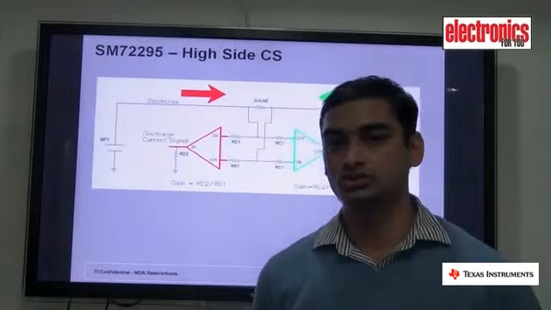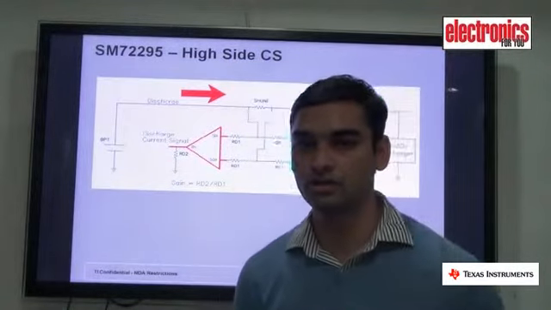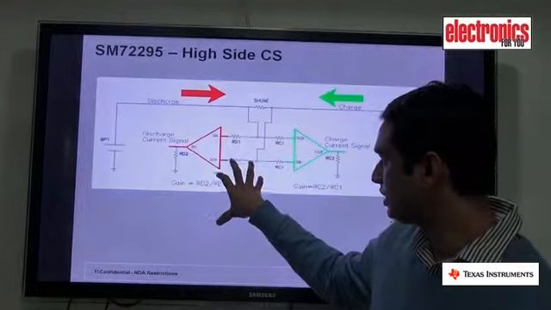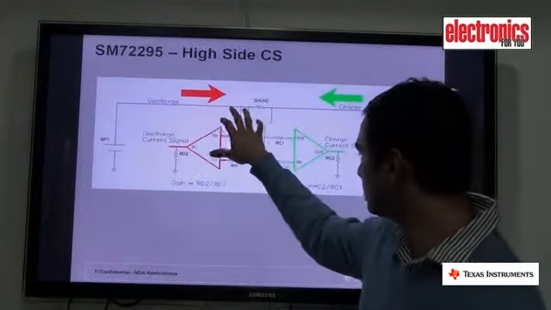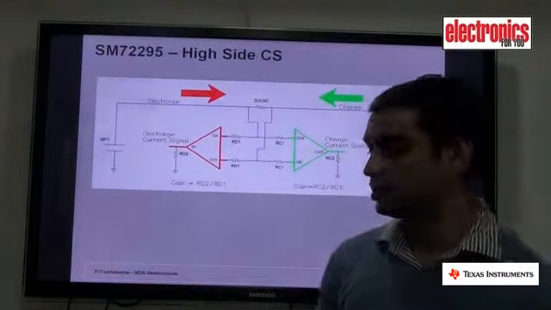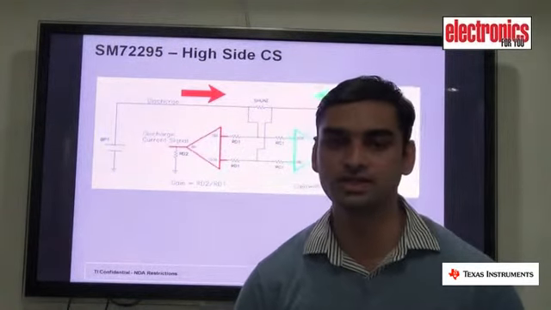Generally people use 2 different amplifiers to sense this current and then give it to the microcontroller to take the necessary action. With SM72295 you can use the integrated high side current sense to sense the charging and discharging current. These amplifiers have buffered output, so you can feed this output directly to your microcontroller ADC channel.